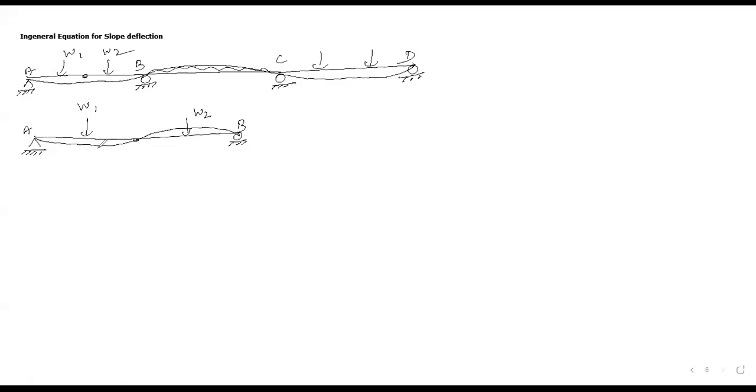So let us say this rotation will be theta A, and this rotation will be theta B. This is your theta A, this is your theta B, and both rotations are in clockwise direction.